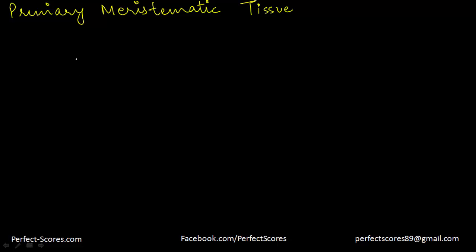So under primary meristematic tissue, the first one that we need to do is the apical meristem. Now if you remember the videos and the subject matter on what is a meristematic tissue, what are meristematic cells, you might remember they are present in the root tip and in the shoot tip. So that is where the apical meristem is present.